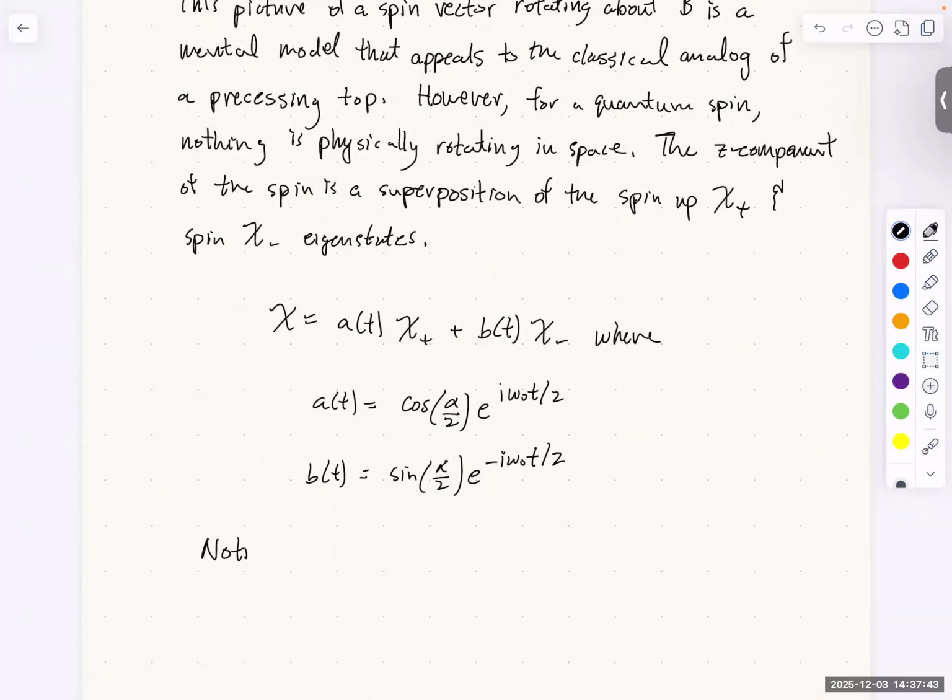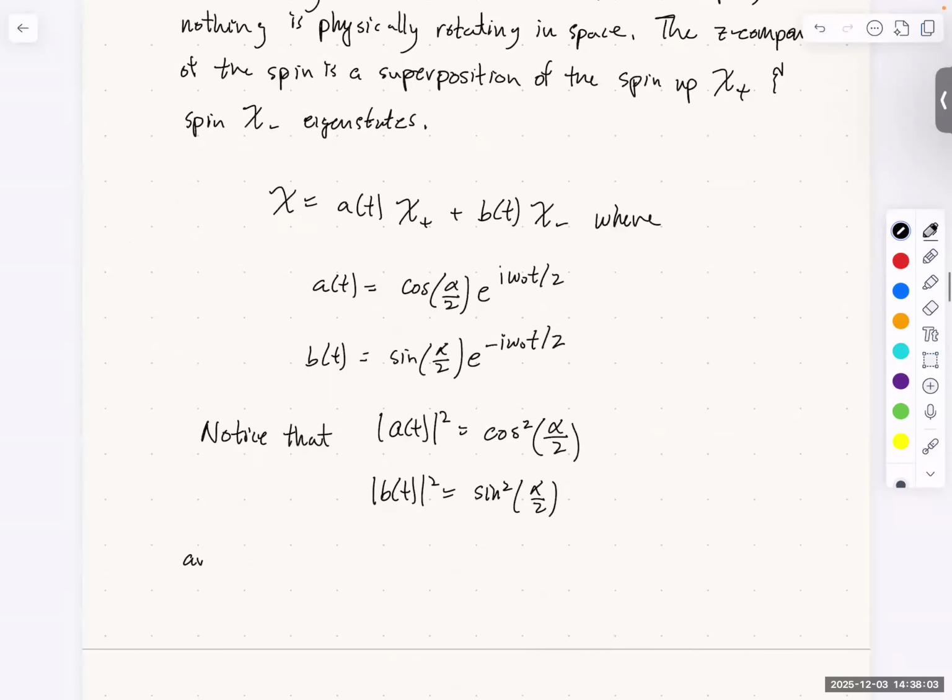So notice that A of t absolute squared is cos squared alpha over 2. B of t absolute squared is sine squared alpha over 2. And these are constant.